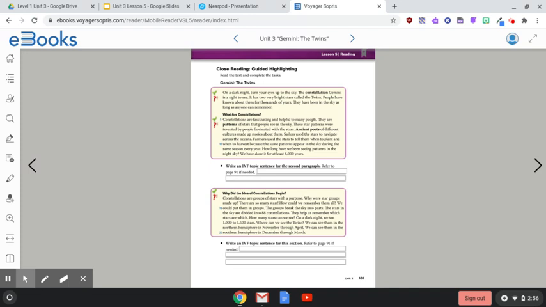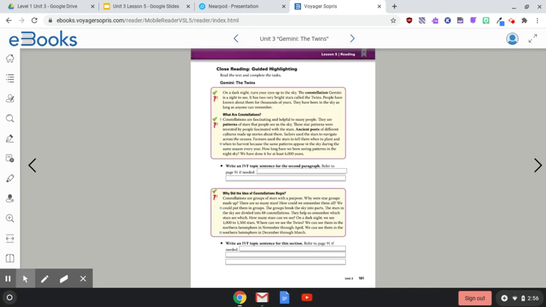Ancient. Ancient means very old. Say ancient. Ancient Greeks told stories about the constellations. Poets. Poets are people who write stories in lines with emotion and rhythm.